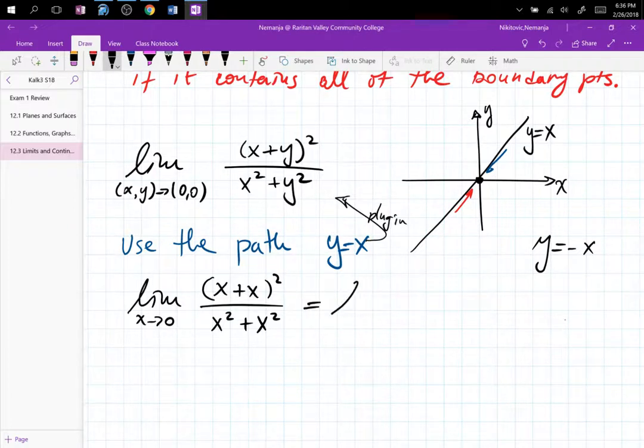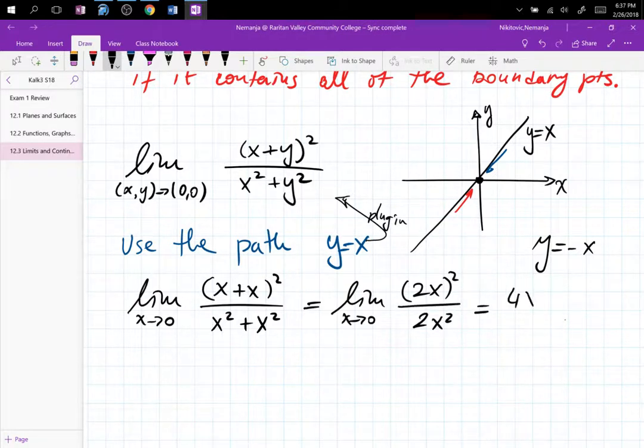And what you get is the limit as x goes to 0 of (2x) squared divided by 2x squared. Now that is 4x squared divided by 2x squared, and the whole thing is 2. So the z value, as you approach (0, 0) in this fashion, is 2.